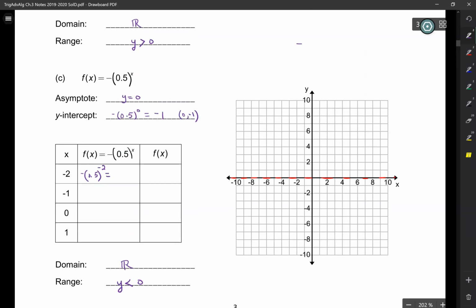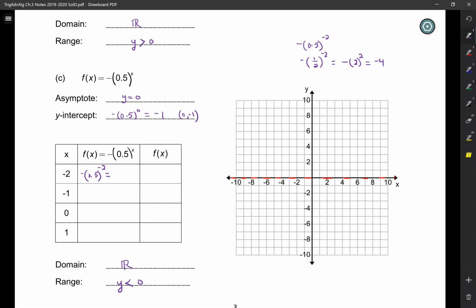So that's -0.5 to the power of -2. What's 0.5? That's 1/2. So is that like -2 to the 2? Is that -4? Negative or positive? What do you think?